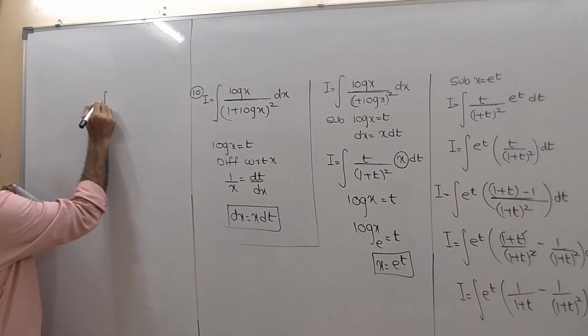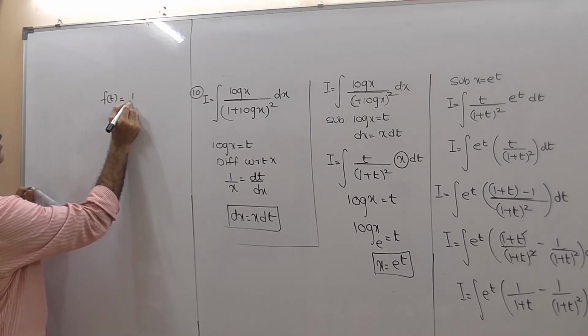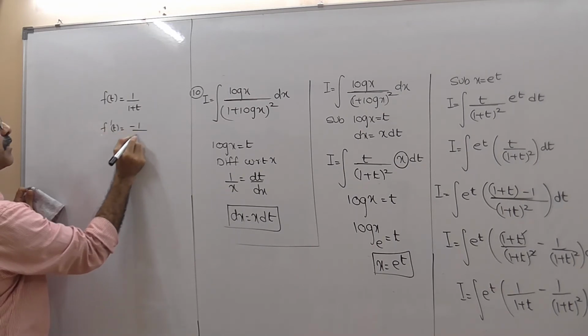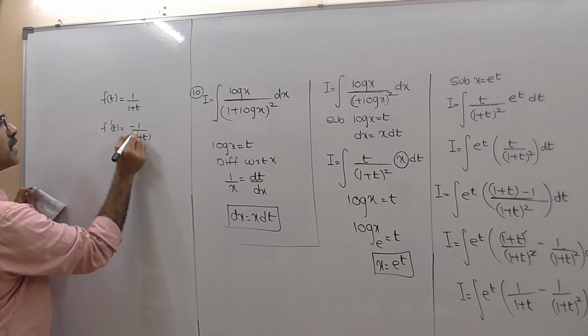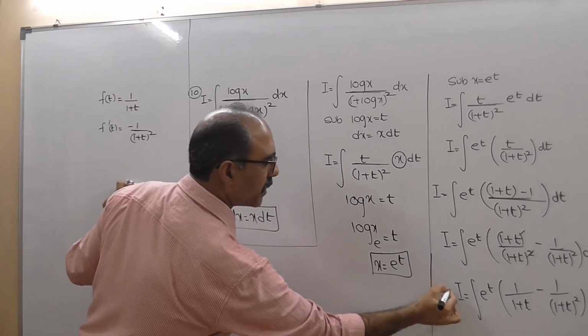Now let's continue. I get f of t is 1 upon 1 plus t and my f dash of t is minus 1 upon 1 plus t the whole square. So I think I had stopped here.